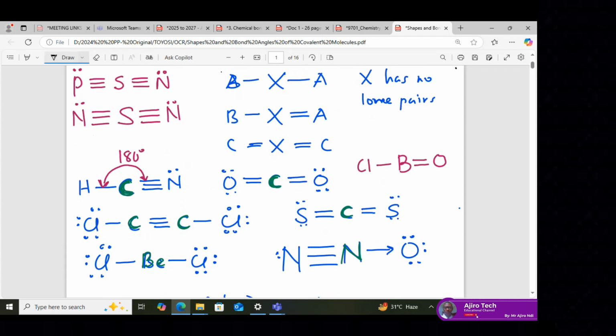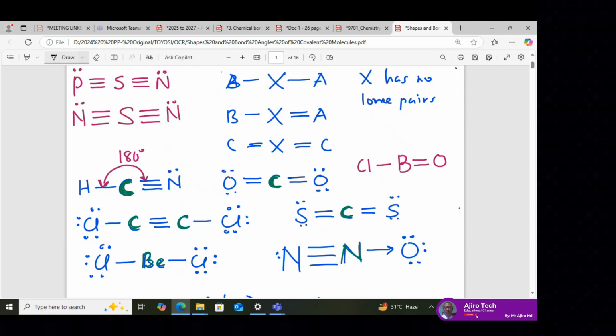Look at hydrogen cyanide. What group is carbon? Group 4. Carbon is 2, 4. Do you agree? It shares 3 with nitrogen, 1 with hydrogen. Does it have anything left for itself?